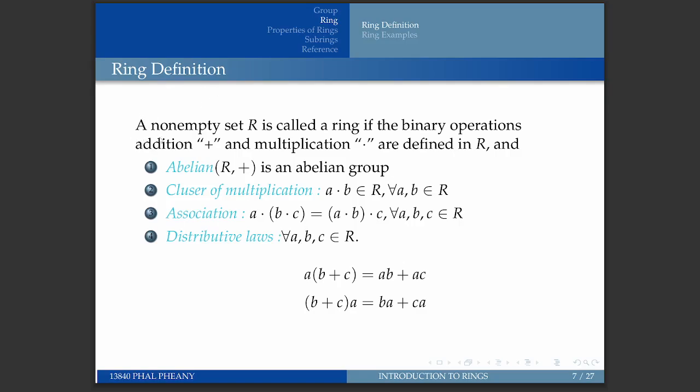Suppose we have a non-empty set R. It is called a ring if the binary operations of addition and multiplication are defined in R, and these four properties hold. Then we can say R is a ring under the binary operations of addition and multiplication. The first property is abelian group.